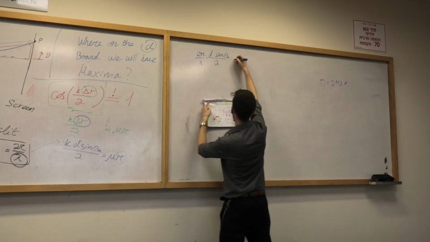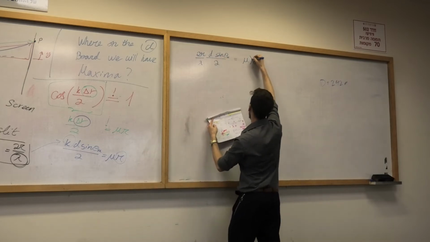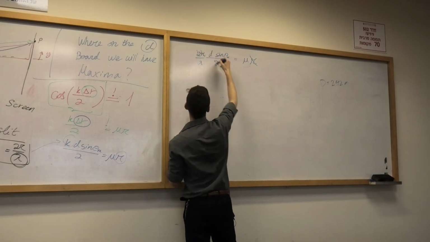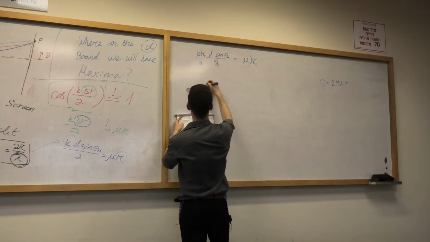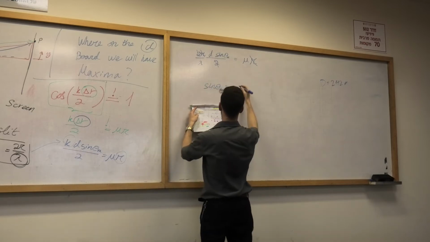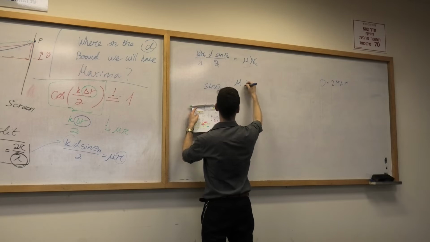We have here 2 equal to m pi. So forget about your radius, I don't need you. Forget about the 2, I don't need you. And we're going to have sine theta equal to what? To m multiplied by lambda divided by d.